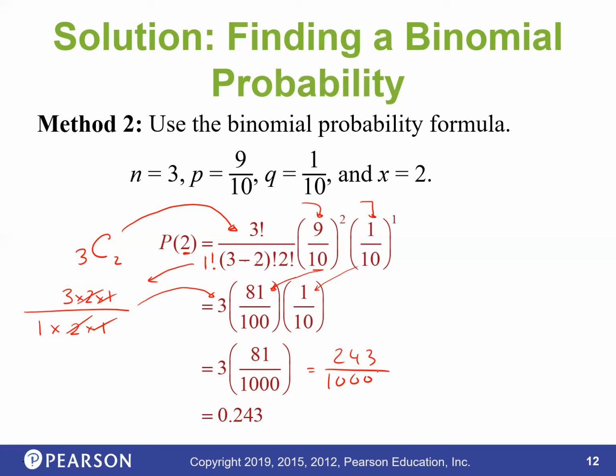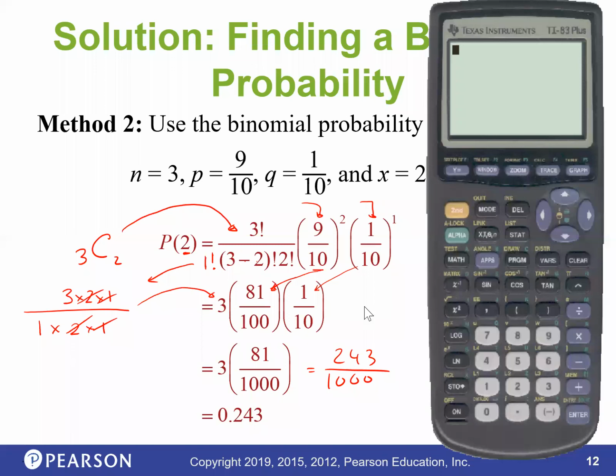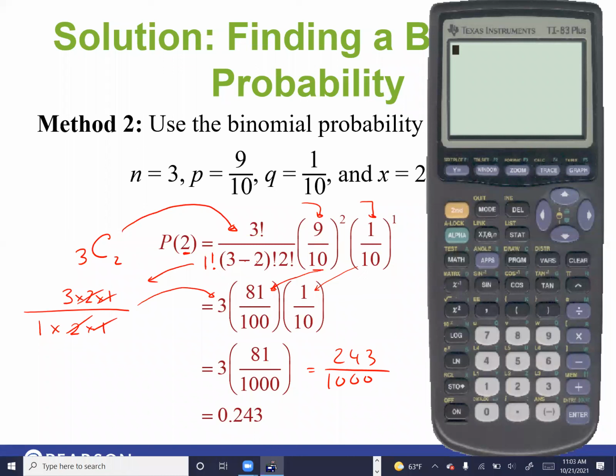Okay, so the direction that stats education is going is that since we have more sophisticated calculators, we do it by calculator. So let's try to do this by calculator, getting the same answer. Most of you guys have a TI-84.